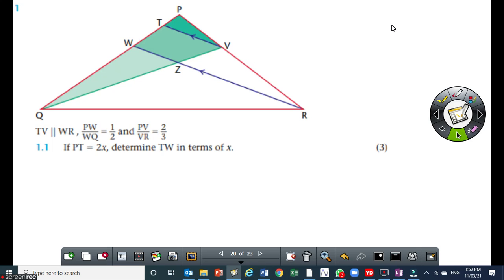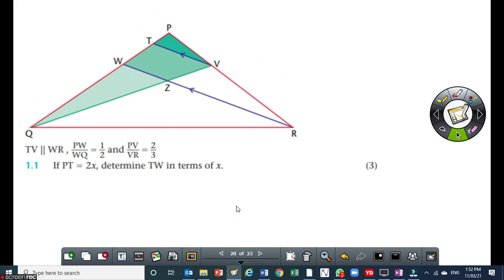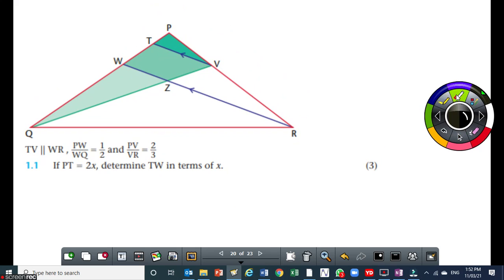So if I use the constant, I can call this one here, say, x from here to there. I can call it x because PW over WQ is equal to 1 over 2.